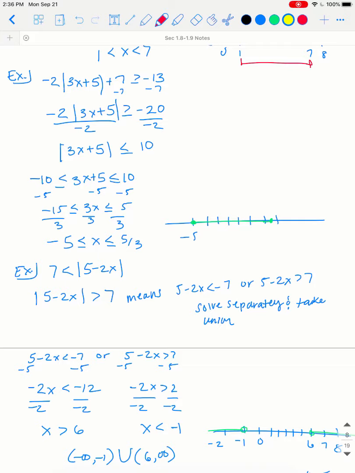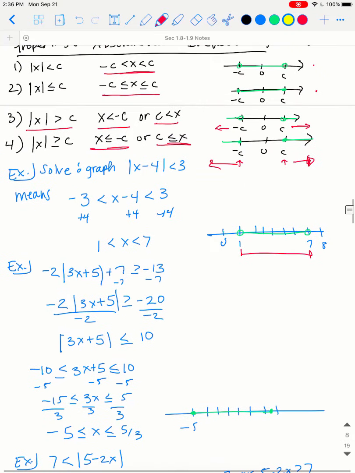So I'm going to subtract 7 and divide by negative 2 on both sides. And then I have the absolute value of 3x plus 5 is less than or equal to 10. Now I can break up my inequality. So I'm going to use my rules. I have negative 10 is less than or equal to 3x plus 5, and 10 is greater than or equal to 3x plus 5.